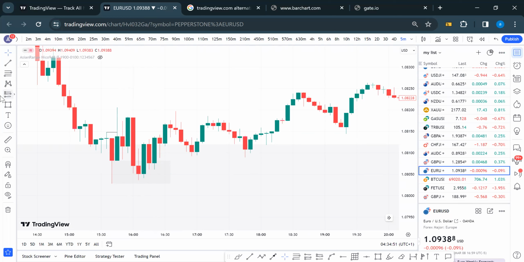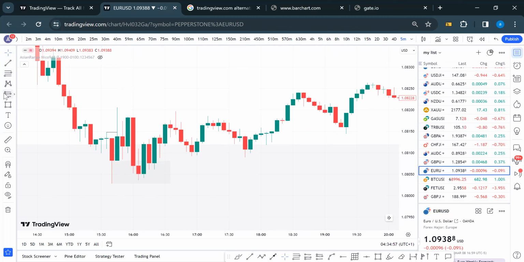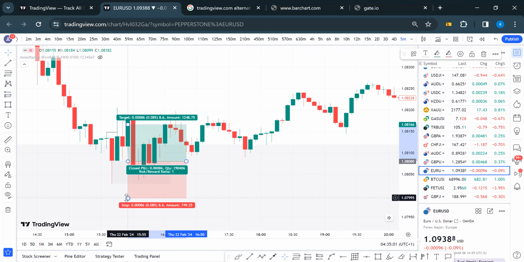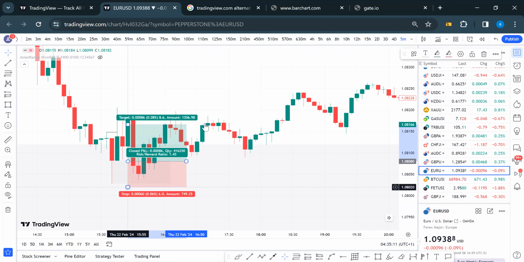So you place your entry. Your SL, you can give like 1 pip below that low. So this is cool.